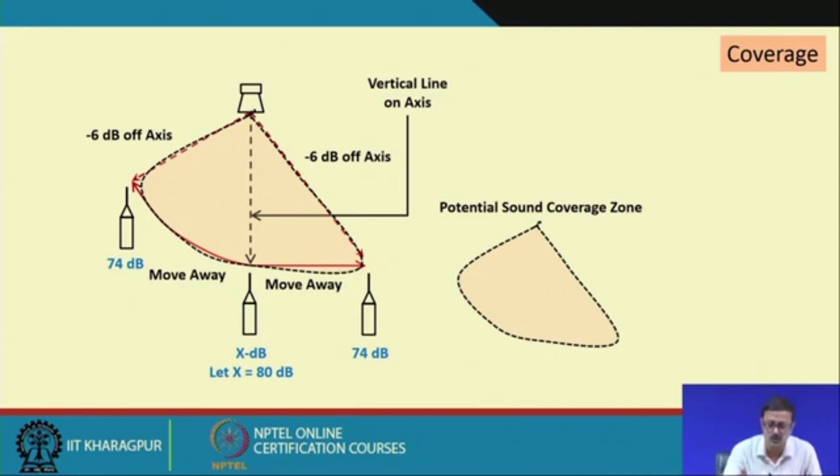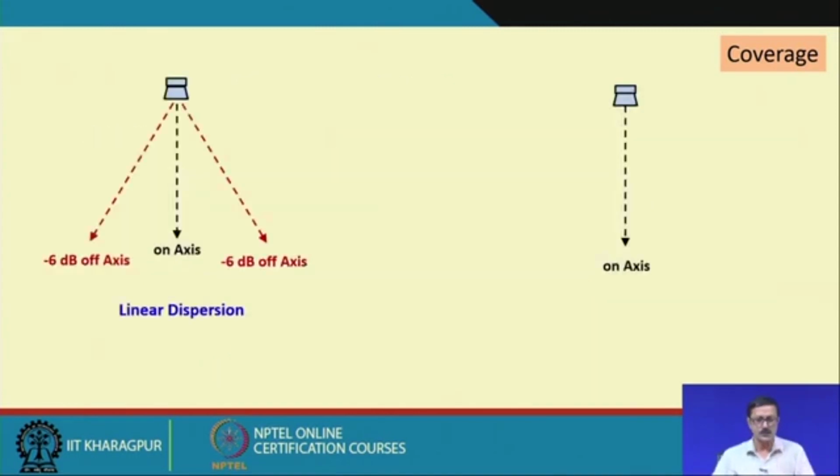There will be some sound outside of course, but as it is away from the minus 6 dB off axis, we will not take that area into consideration in our loudspeaker arrangement or layout design.